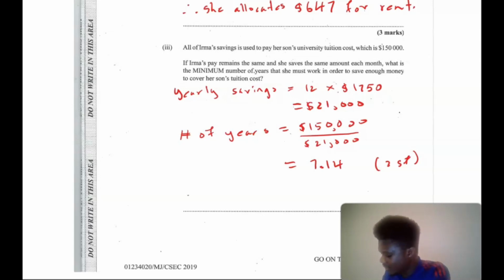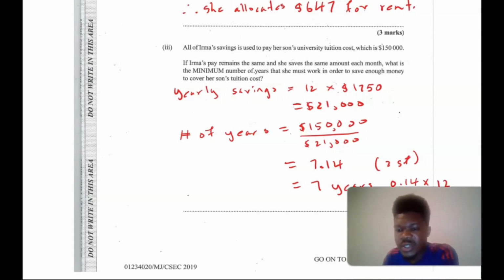So if we go 0.14 times 12, it's approximately 7 years. So we have the 7, that's for years, and it's 0.14 of a year, which has 12 months.